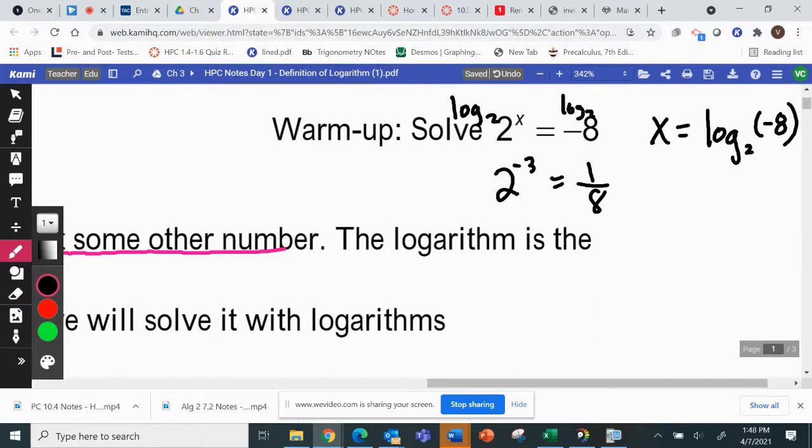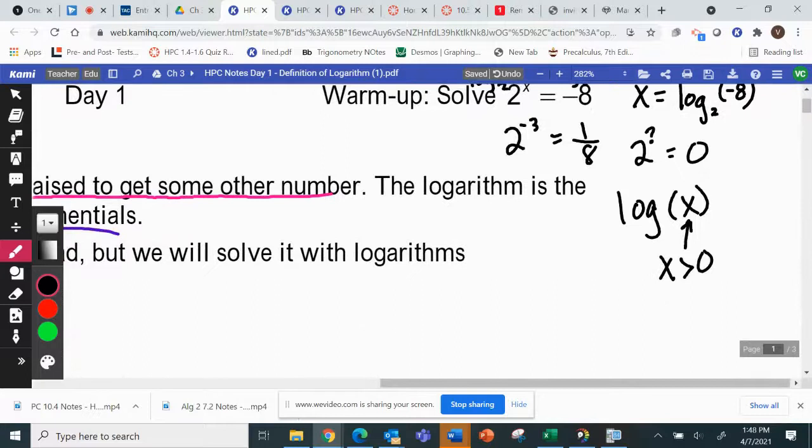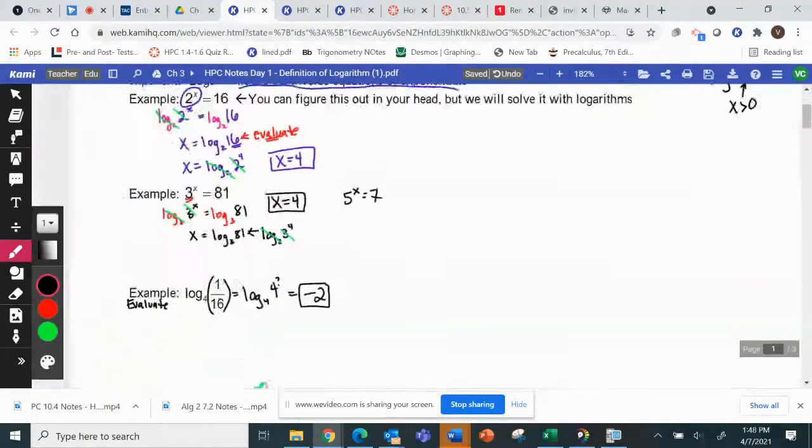There's another impossible thing. I cannot take a positive number, raise it to an exponent, and have it equal 0. So in this case, when we have logarithms, this always has to be greater than 0. Always.